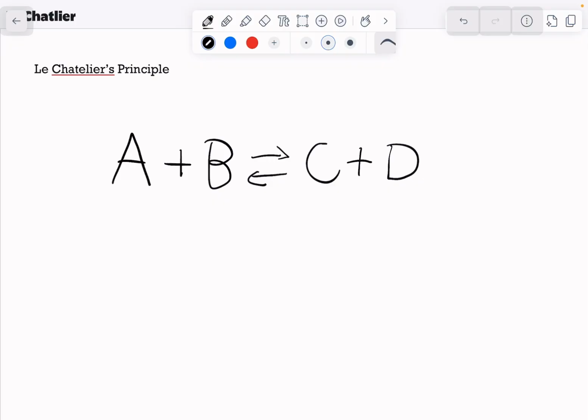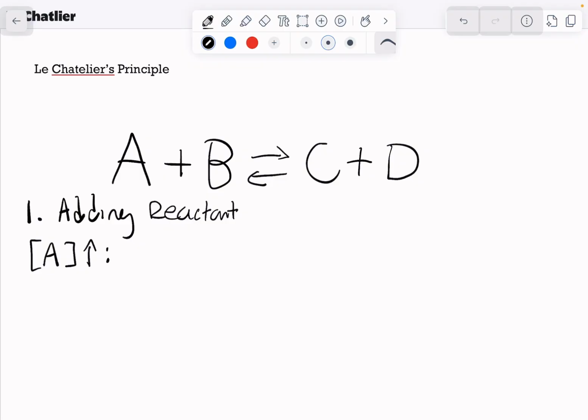So, for example, one stress can be adding reactant. Say I add A, okay? I increase the concentration of A. What will happen?